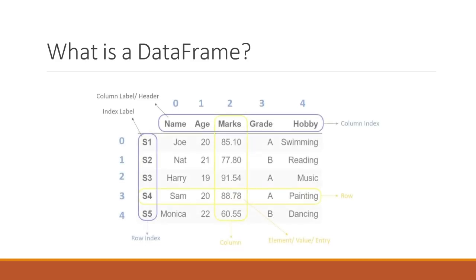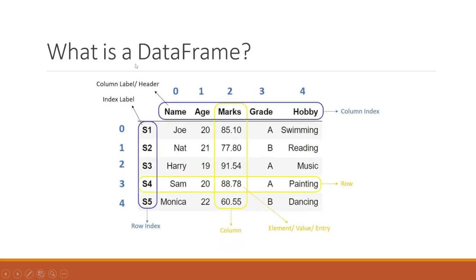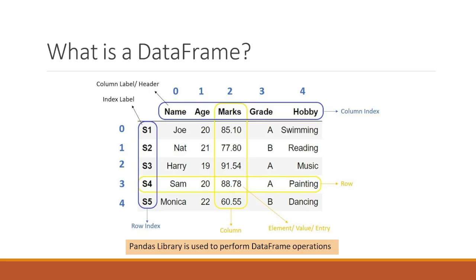But if you want to convert your data into a proper structured way, in a table form, then you can use the data frame, and this data frame is present inside your pandas library. So here we have given that the pandas library is used to perform data frame operations. If you want to perform any operations or functions on a data frame, you have to use the pandas library.